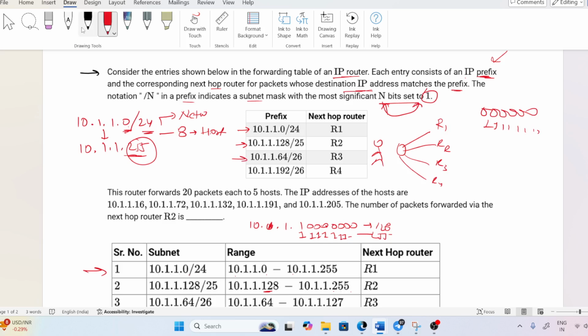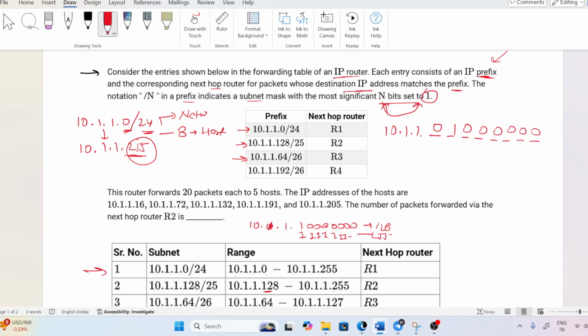Now 10.1.1.64. I need to write 64 in binary: 0, 128, 64, 1, 0, 0, 0, 0, 0, 0.